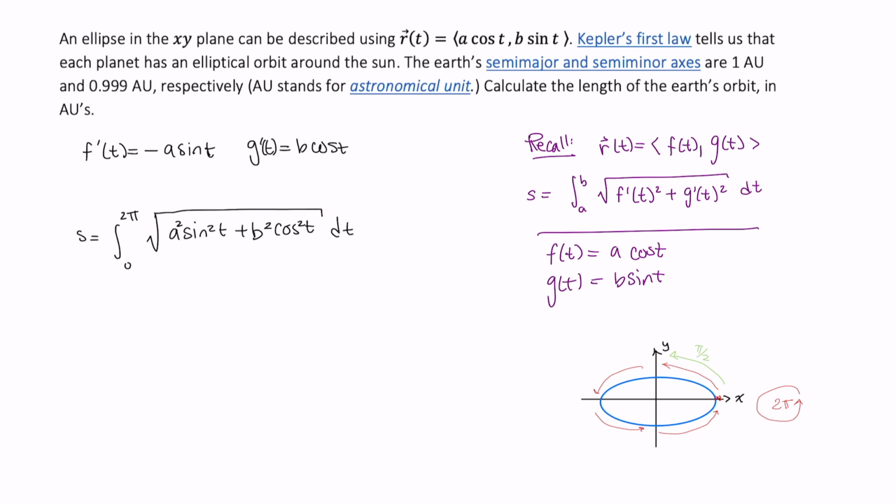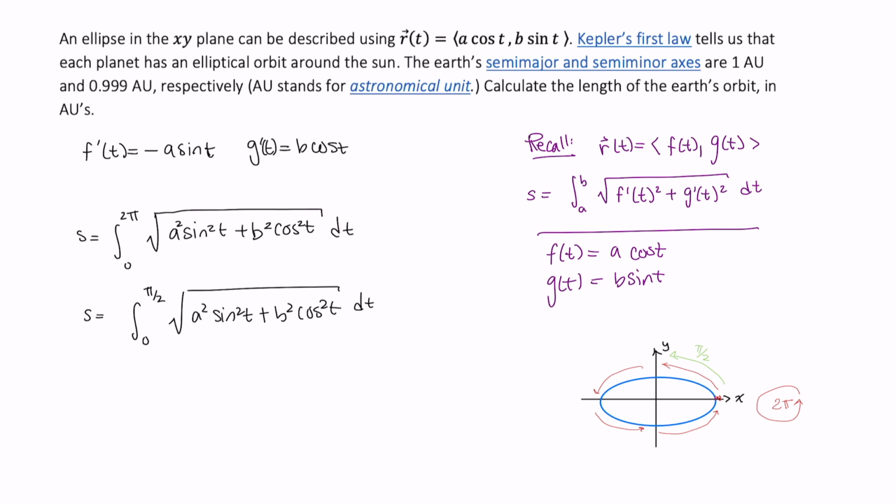So let's rewrite this arc length as the integral from 0 to pi over 2 of the square root of a squared sine squared t plus b squared cosine squared t dt.